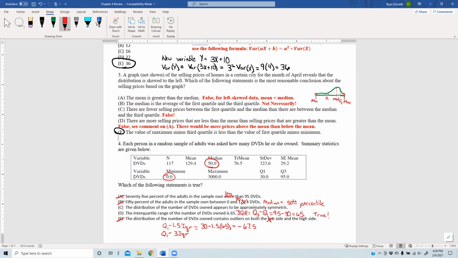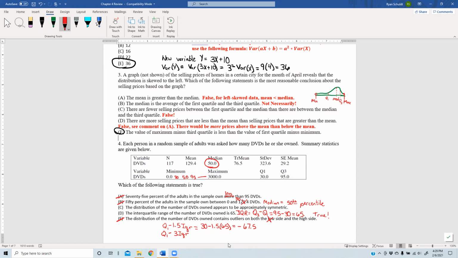Now let's go back and look at C. The distribution of the number of DVDs owned appears to be approximately symmetric. Look at this. So the minimum is 0, Q1 is 30, median is 50, Q3 is 95, and then boom, we're out here at 3,000.